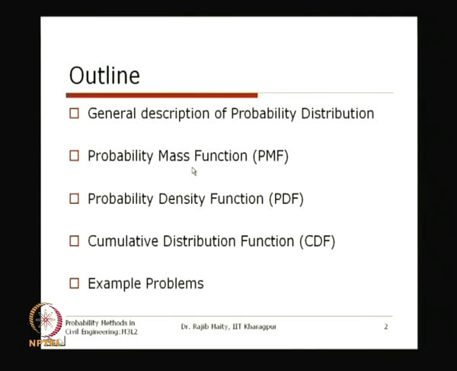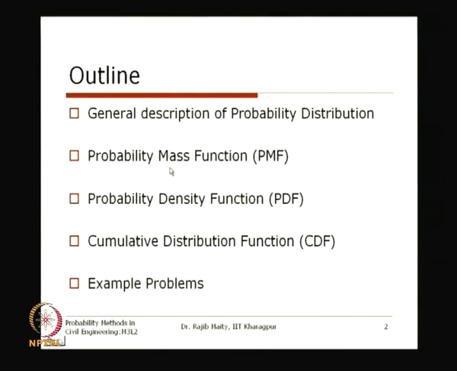So our outline for today's presentation is, first we will discuss the general description of the probability distribution, what it is all about, and how we can define the probability distribution for a random variable. Basically there are two different types of random variable we consider: the discrete random variable and the continuous random variable.